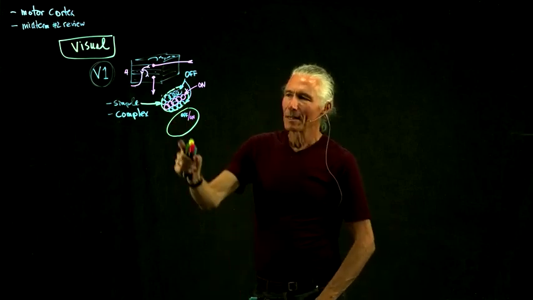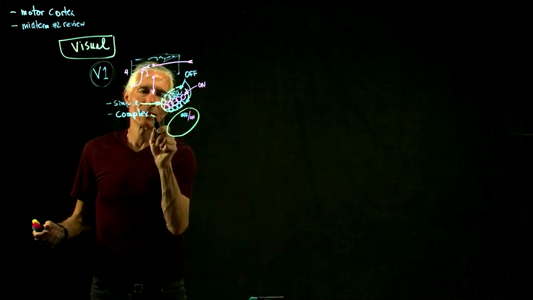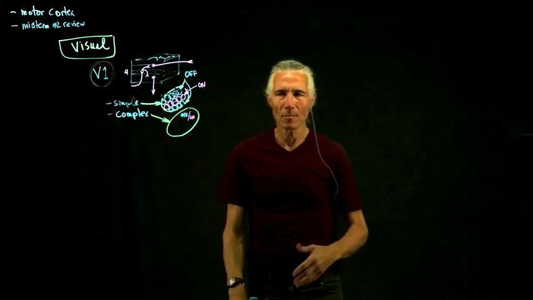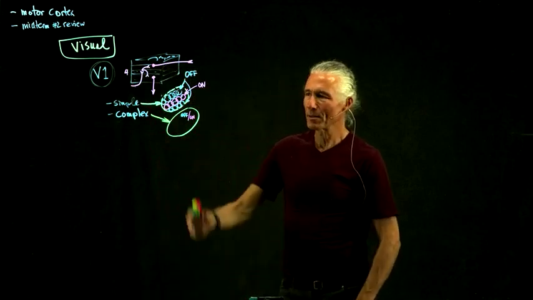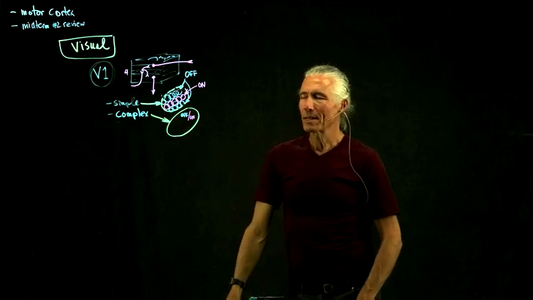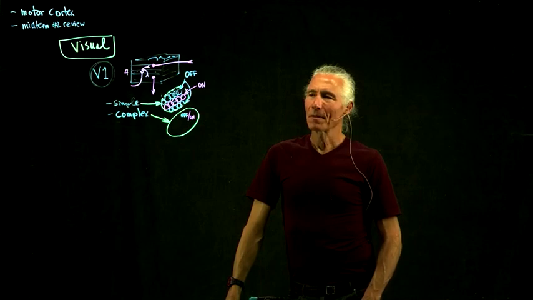This cell is better for detecting an edge, but it's lost some information. It doesn't know whether it's a bright or a dark edge. It doesn't know exactly where the edge is. So that was the basic distinction between a simple and a complex cell.